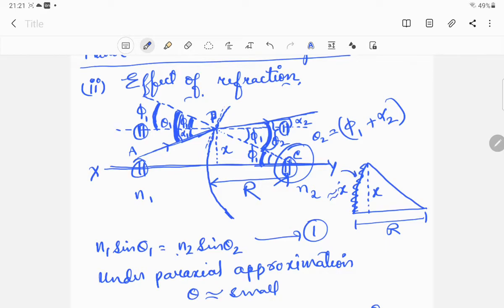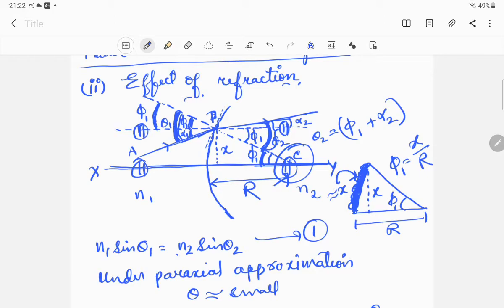So this length is also equal to x, and this angle is phi 1. So can I write phi 1 equal to arc length divided by radius? Because this portion is looking like an arc length, isn't it?